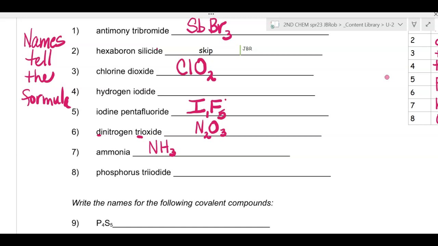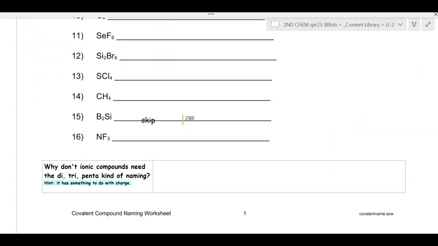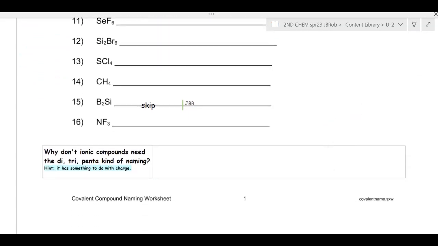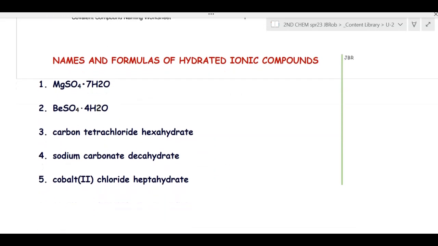Does it say there's more than one phosphorus? It doesn't. So we'll put the 2 elements. How many iodides are there? Triiodide, 3. All right, so you have done hydrogen iodide. Now I want you to do all of these, and then I want you to answer that question.